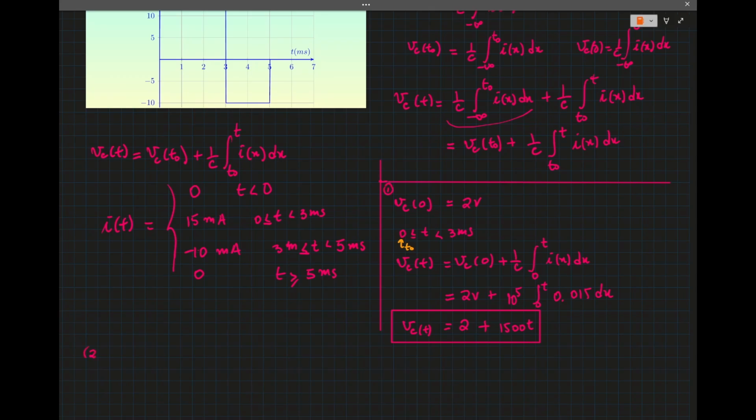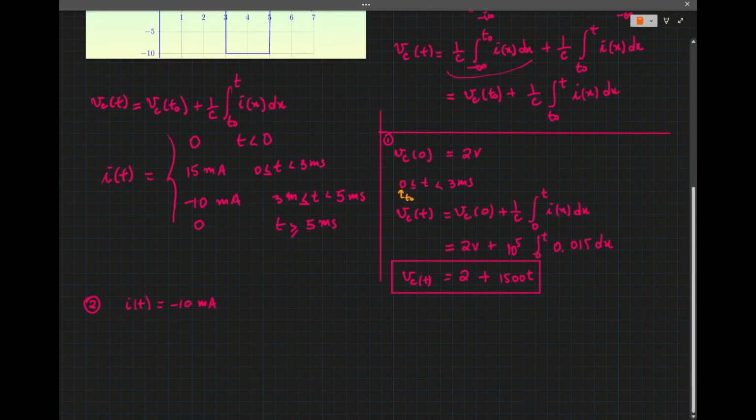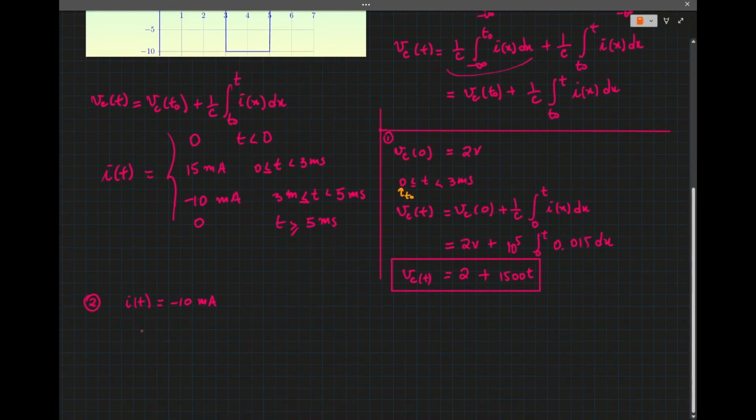Number two, we have I is negative 10 milliamps. So I can calculate the voltage there. So VC of t, that is for 3 millisecond less than or equal to t less than 5 millisecond.